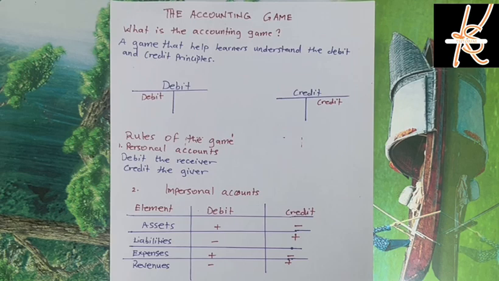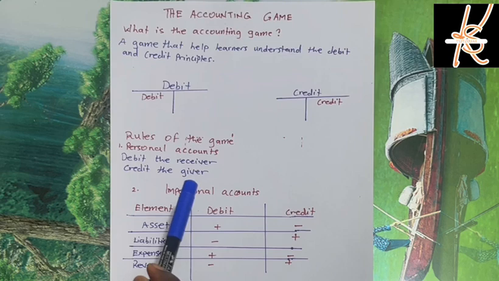Do we get it? So for personal accounts, whenever we see individual names, let's say Ama's account, Emmanuel's account, Prince's account, Joshua's account, or debtors and creditors, account payables and account receivables, or a company's name, let's say we took a loan from ABC Company Limited, it is a personal account.